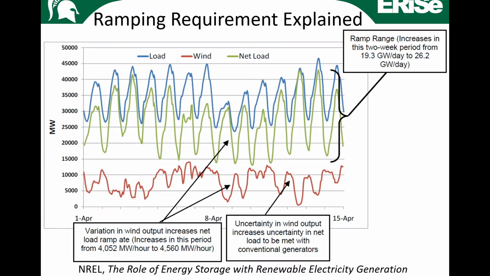What it shows is the blue curve is the load, and you can see the daily cycles, high during the midday to early afternoon period and low during the night. This is a 2-week period, as you can see, from 1st April to 15th April, and it shows a certain level of variability, which we expect. These are the peaks and these are the troughs of the load curve. And here's the wind.